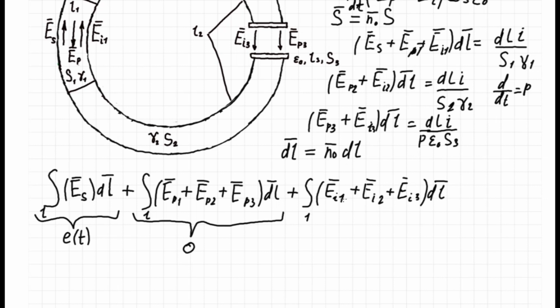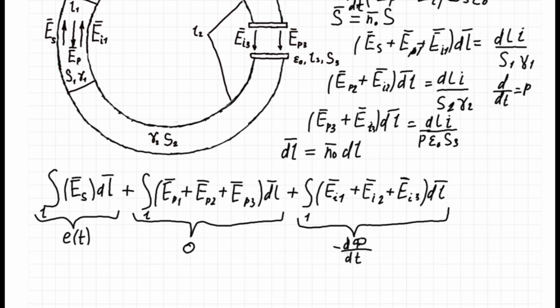Here the integral of a sum equals the sum of integrals, each sum separately. This integral equals minus d flux divided by dt.